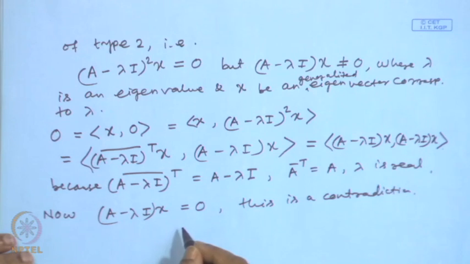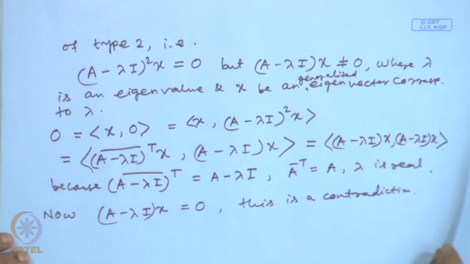All generalized eigenvectors are of type 1, which are exactly ordinary eigenvectors. Therefore, A will have n linearly independent eigenvectors, and hence A is diagonalizable.